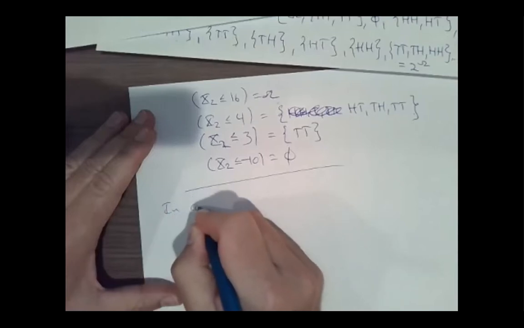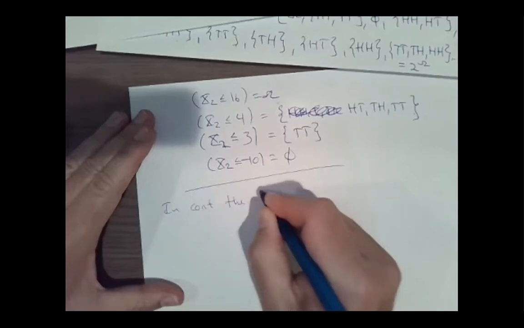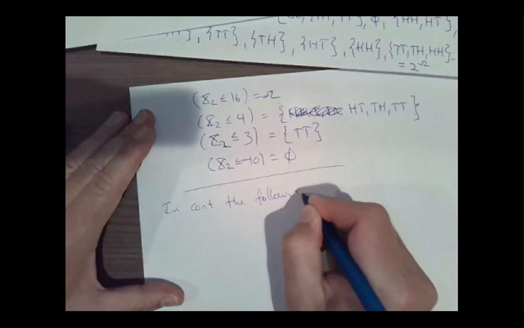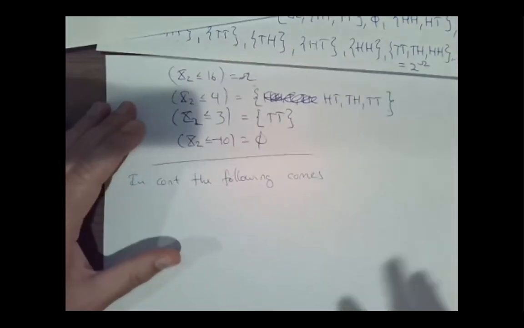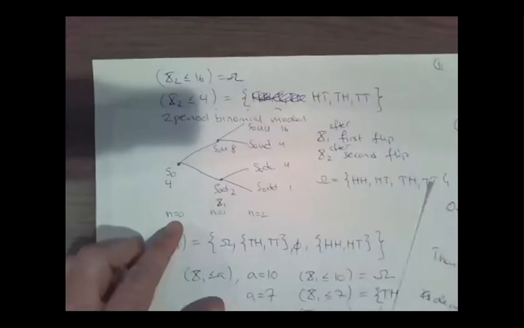Remember how we had a discussion about countability? When we do Brownian motion, this is going to come up in continuous time. It's clear, because these indices 1 and 2 are related to time.